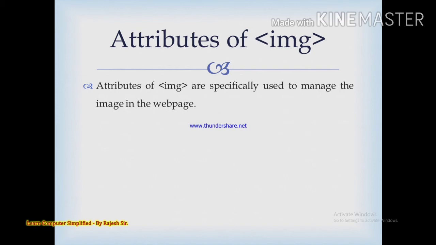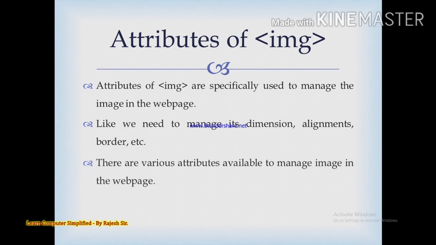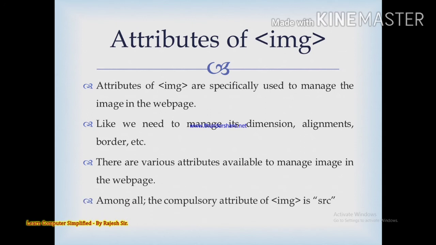As we have seen, we can manage the height, width, we can add its border, we can add its alignment, left, right, middle, bottom, etc. Like we need to manage its dimension, alignments, borders, etc. There are various attributes available for the image in the web page. Among all, the compulsory attribute of img is src.